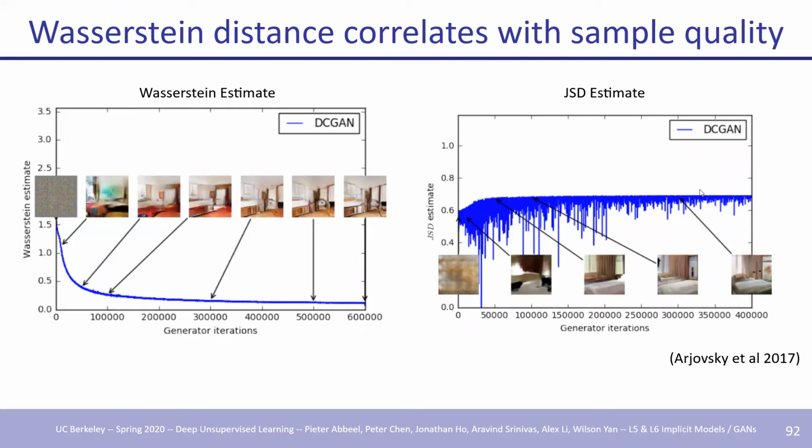But that's not necessarily the case with the JSD estimate. It can look good, but the numbers are still just moving around. So in the sense that the Wasserstein estimate also produces better images, it also has a much better range in which it will converge.